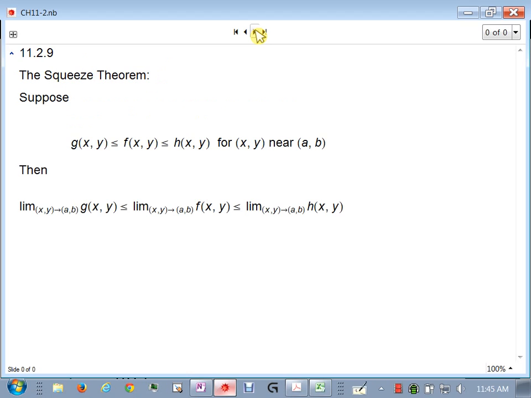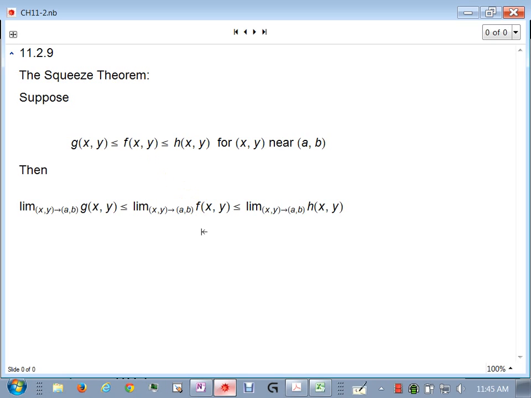So let me give you the definition of the squeeze theorem. If you have 3 functions, each a function of 2 variables, and you know that the f function is always squeezed between the other two, like sine x was between -1 and 1, except now we're looking at surfaces, one surface always between the other 2.